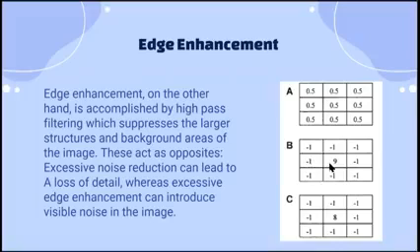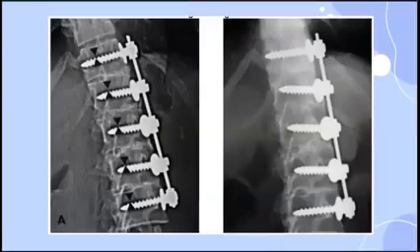For example, this is edge enhancement in this picture. As you can see, the edges have their own pixel value compared to the center one. So only the edges are enhanced. In this picture, you can identify right away where the edge enhancement was done.